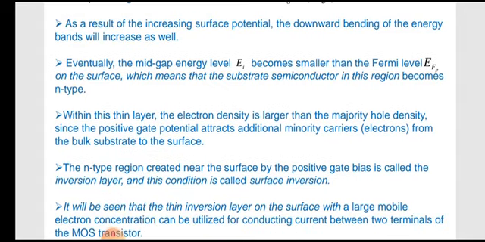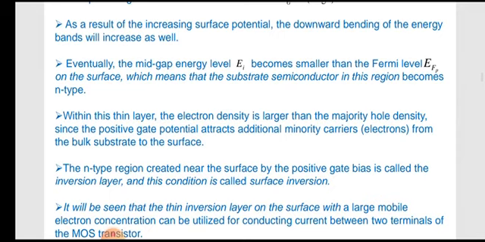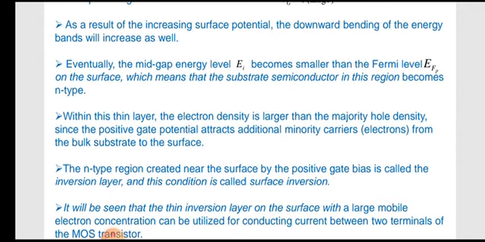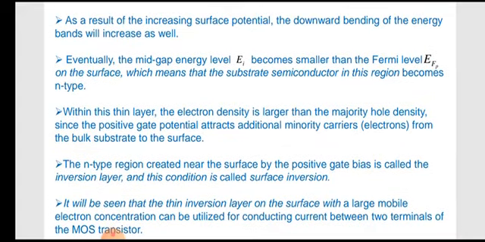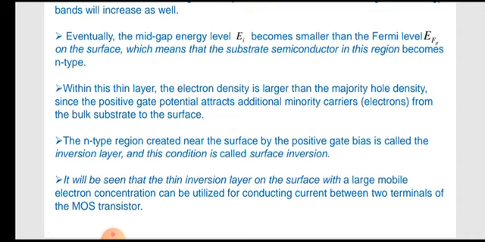Eventually the mid-gap energy level, denoted by Ei, becomes smaller than the Fermi level, EFP, but only on the surface, which means that the substrate semiconductor in the region becomes n-type.